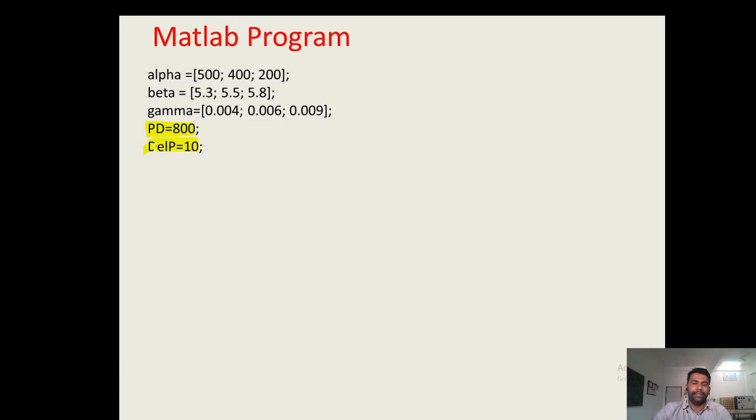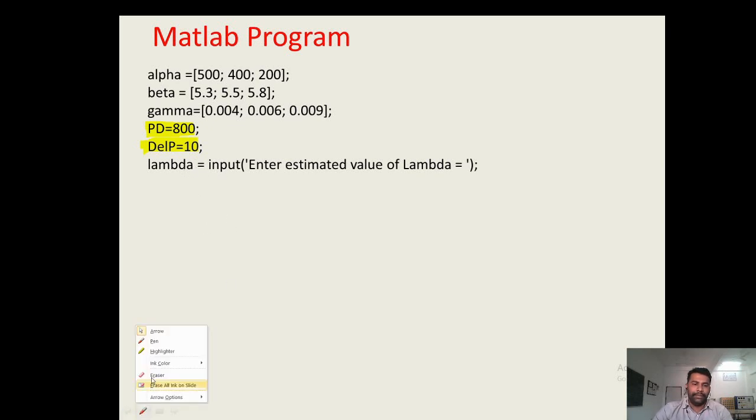We define the del P value to be higher, so that iterations are possible. When we see the while loop, you will find the use of del P. Then lambda. For the initial value of lambda, we will use the input function. Using the keyboard, you will enter the initial value of lambda. In our case it is 6.